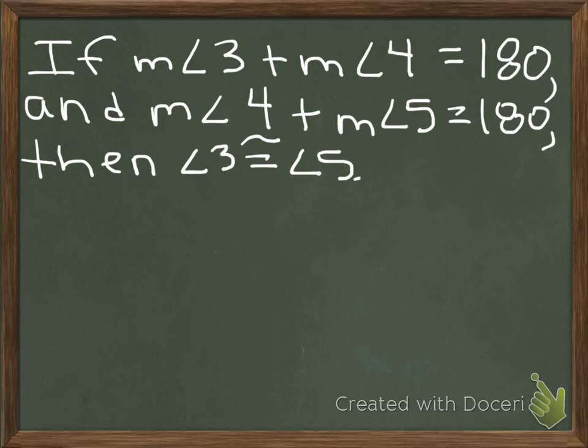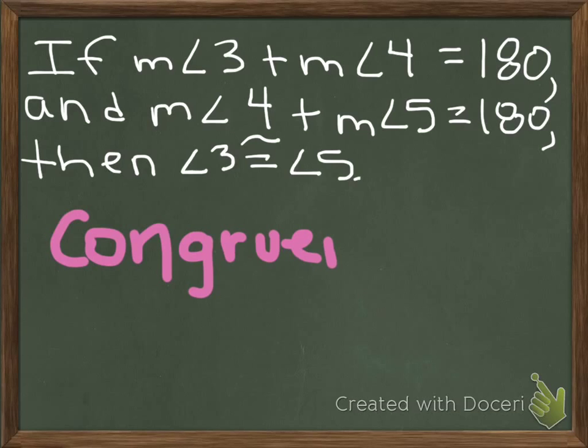So you could first say that it's transitive property, but we're talking about supplementary angles here. So there's a theorem that talks about supplementary angles, and that's the congruent supplements theorem, or theorem 2.6. So we're going to use that as our answer to be the most specific here.